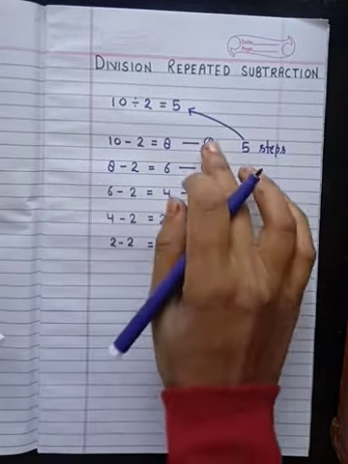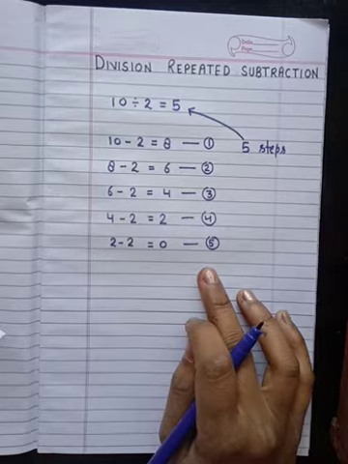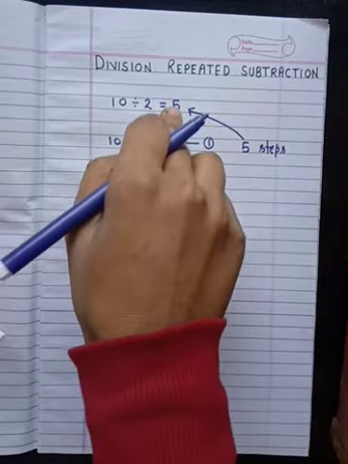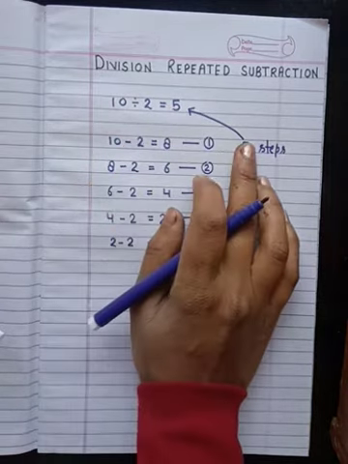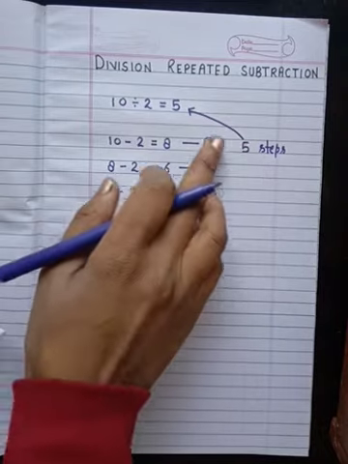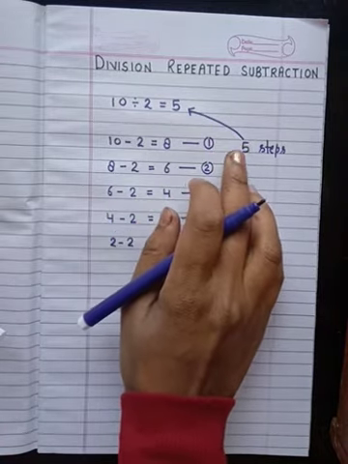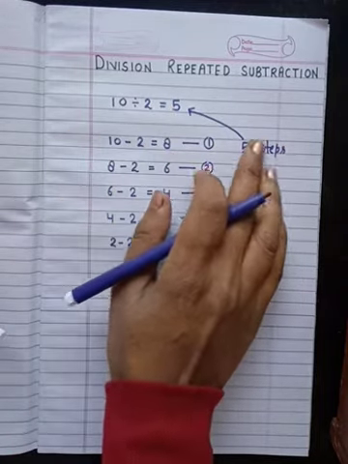So the number of steps involved over here will be equal to the quotient, or we can say the result of division.